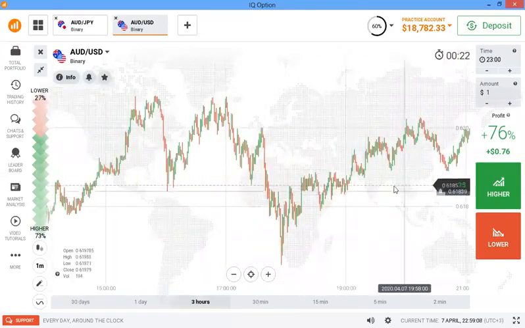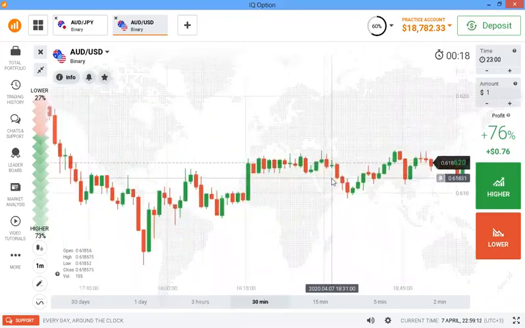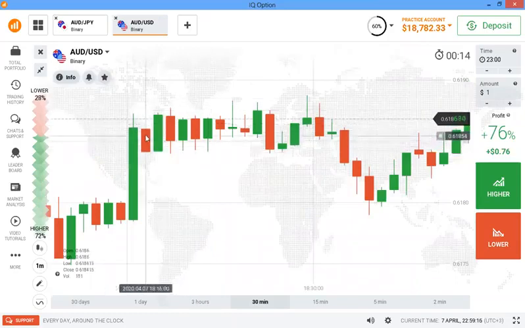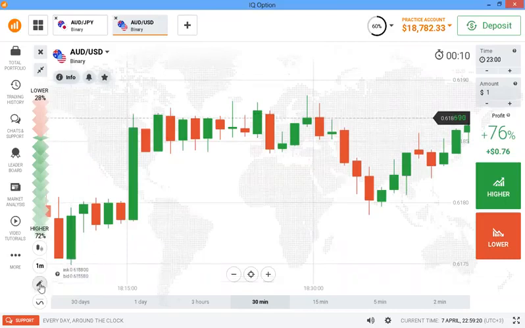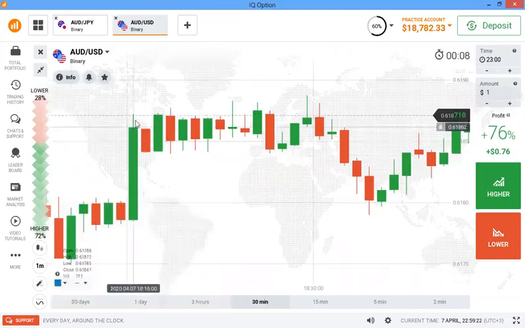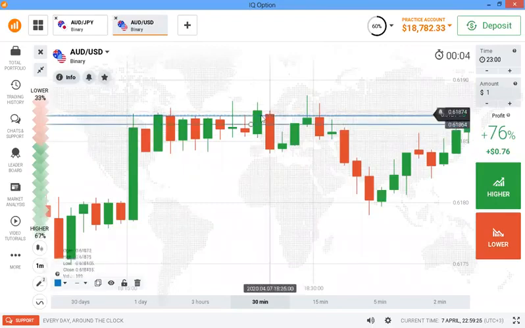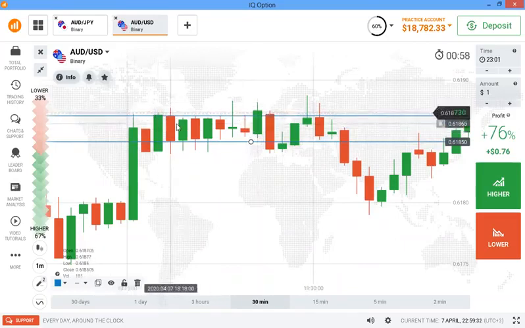You can see the dotted line. So we want to draw a level. You can see that the market reversed price on this level, on this area. That means this is a reversal area, because the market reversed multiple times on this area.